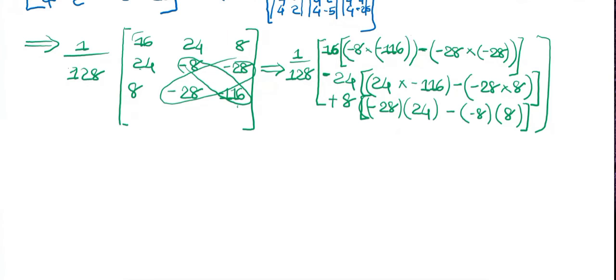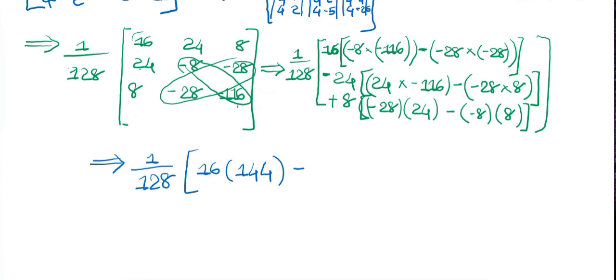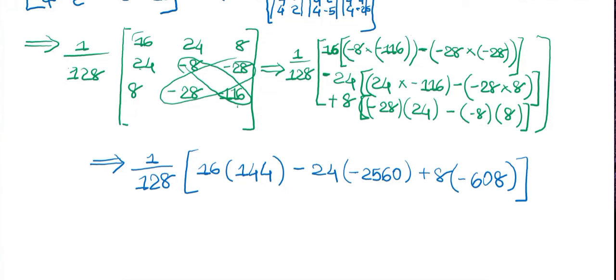So this is done. Now we'll just solve this. On solving we get 1 upon 128, 16 into, it is coming as 144 minus 24 into minus 2560 plus 8 into, this comes out to be 608 minus 608.